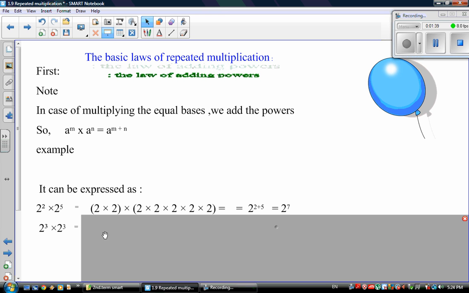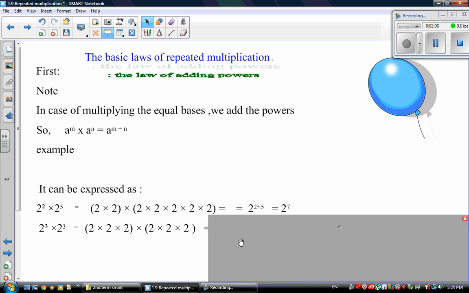Another one. 2 to the power 3 multiplied by 2 to the power 3. 2 to the power 3 means 2 times 2 times 2. Multiply the other group, 2 to the power 3, which is also 2 times 2 times 2. Let's count how many 2's we have: 1, 2, 3, 4, 5, 6.